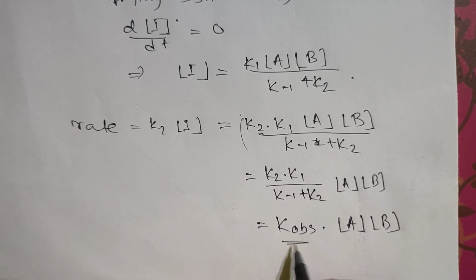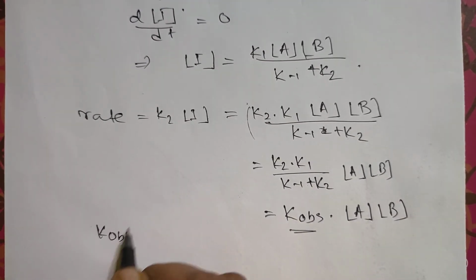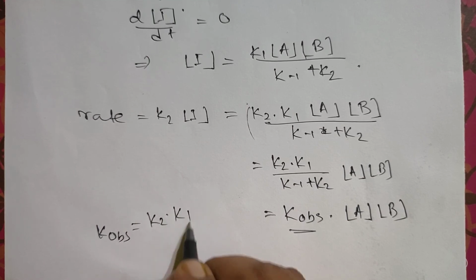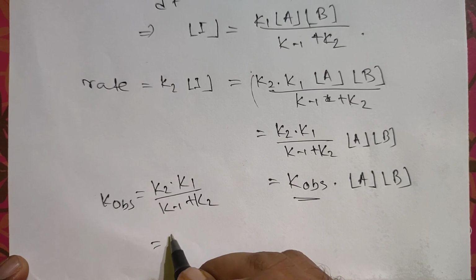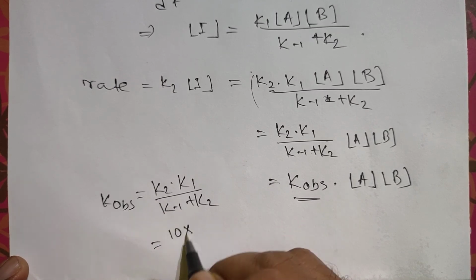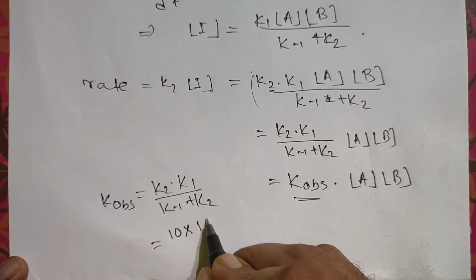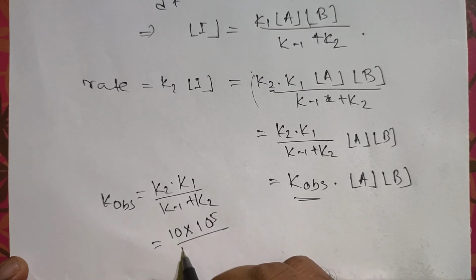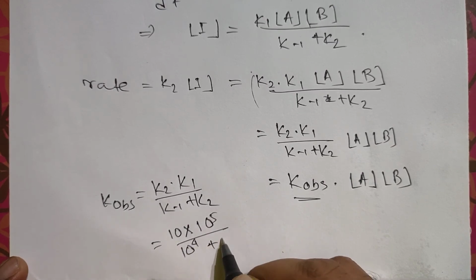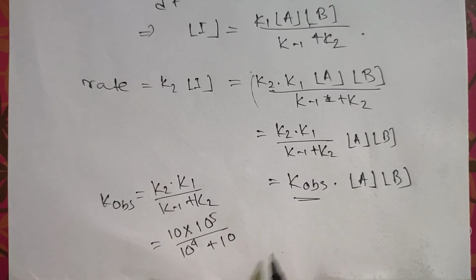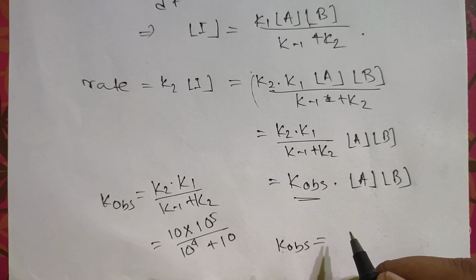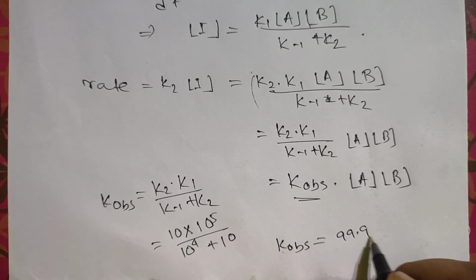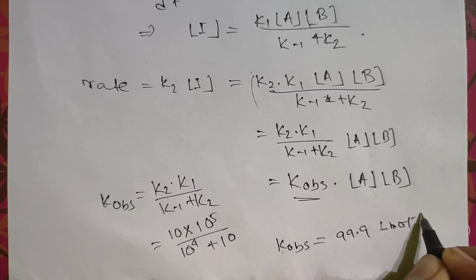So k observed equals k2 into k1 by k minus 1 plus k2. Now we will put the values: k2 equals 10, k1 equals 10 to the power 5, k minus 1 equals 10 to the power 4, and k2 equals 10. Solving this, it will be approximately 99.9 liter mole inverse second inverse.